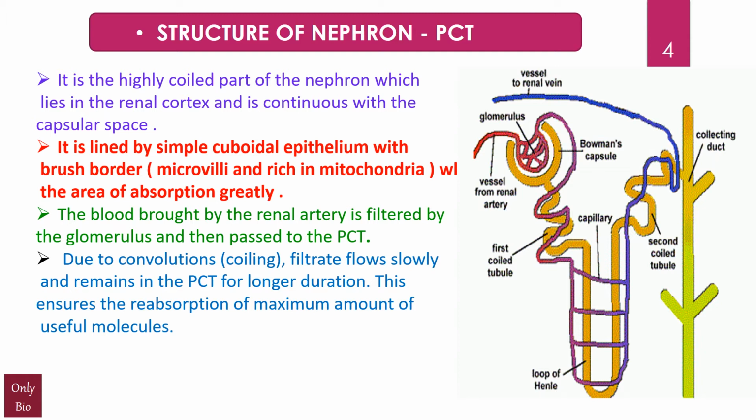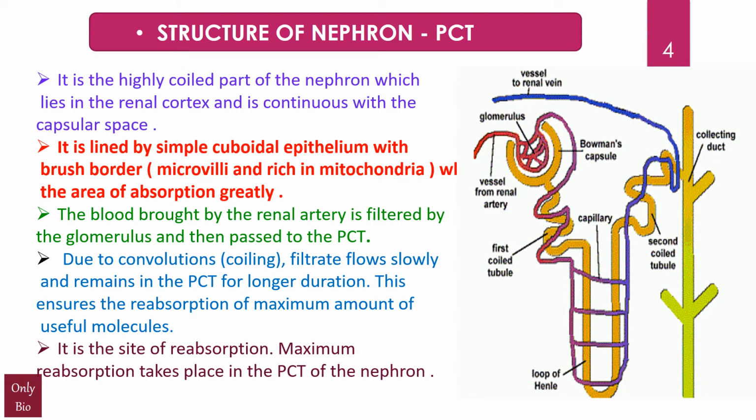The filtrate would have just entered and exited, so it wouldn't have spent enough time for this process. The highly convoluted nature of the tubule helps in retaining the filtrate for a longer time, and this in turn helps in maximum reabsorption. Maximum reabsorption takes place in the PCT of the nephron.